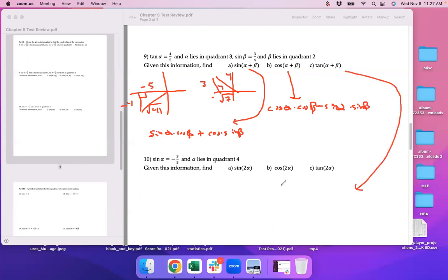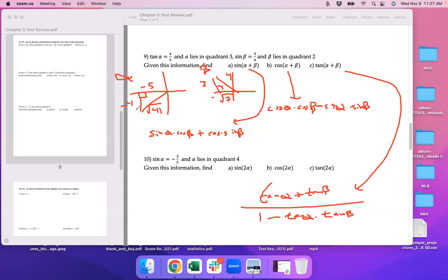And lastly, this one here is going to be tangent alpha plus tangent beta over 1 minus tan alpha times tan beta. Now, remember, this is for alpha, and that's for beta.